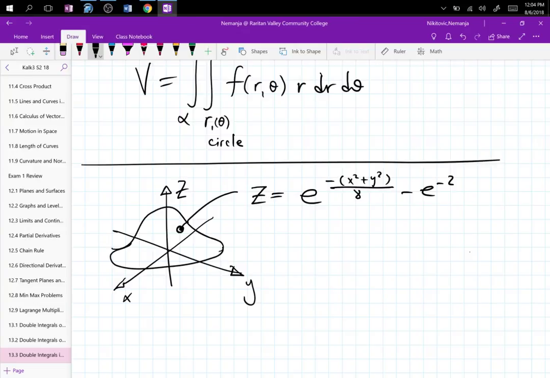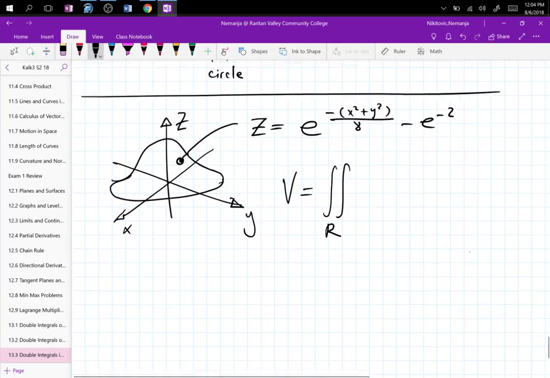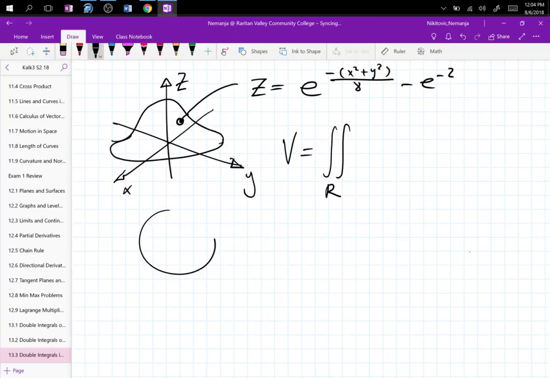If I want the full thing, obviously I'm going to go from 0 to 2 pi on the polar region. As I am setting up the volume, I have to integrate over polar region R. Now, polar region R over here is just a circle.